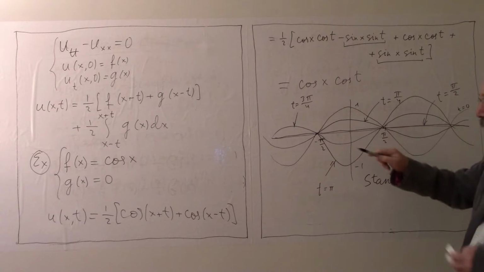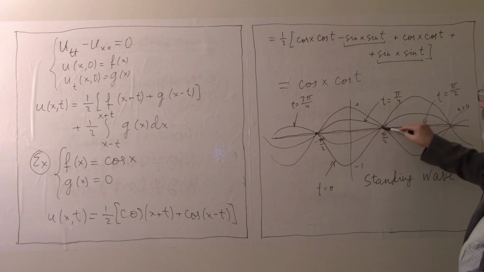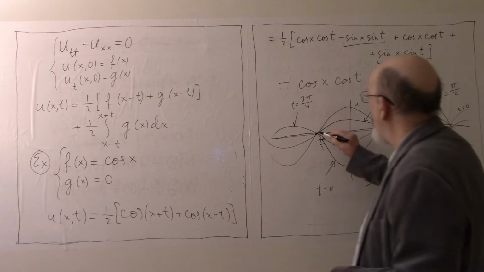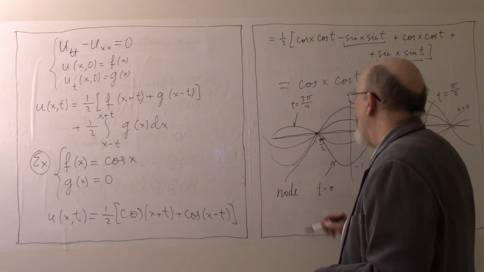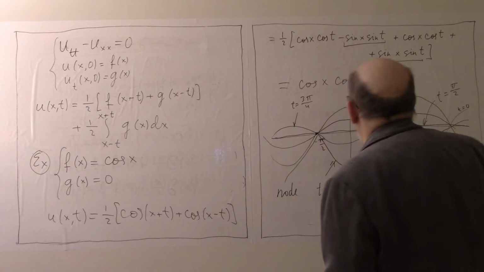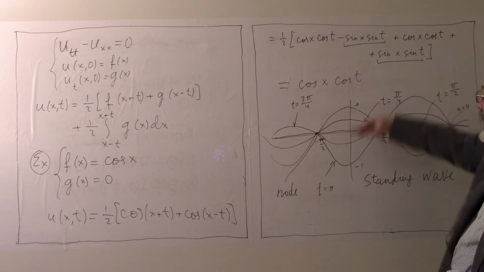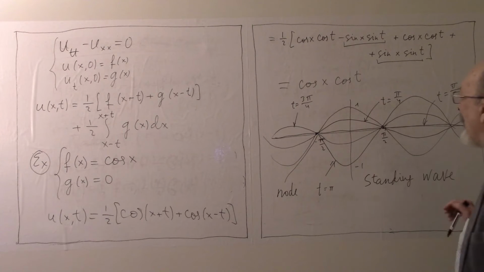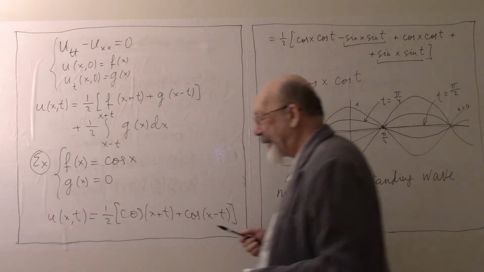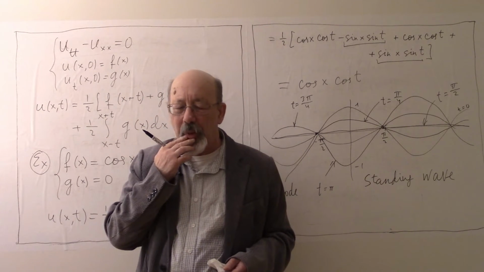The points where it is 0 are called nodal points, or nodes. Nodal points are fixed, and between them the string is moving up and down like this. This is exactly what a string does.